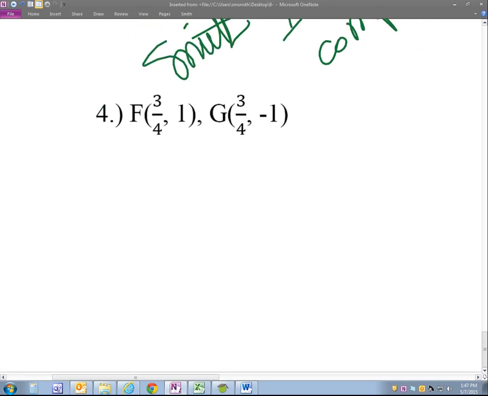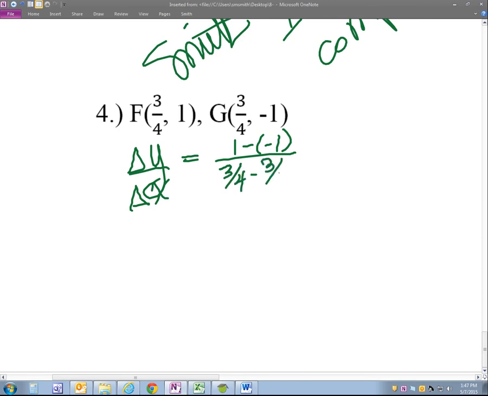We have a change in y over a change in x on this guy. Our y's are going from 1 to negative 1. Our x's are going from 3/4 to 3/4. On the top, I'm going to have 2. On the bottom, I'm going to have 0.